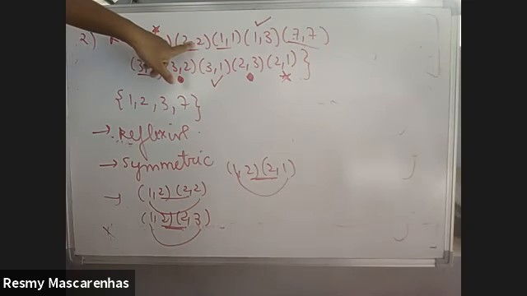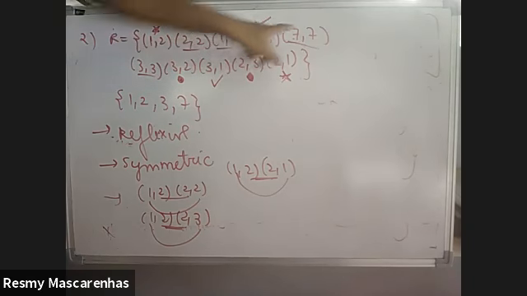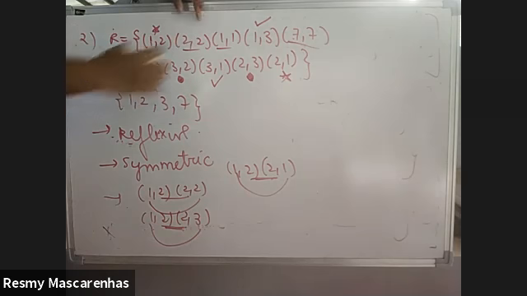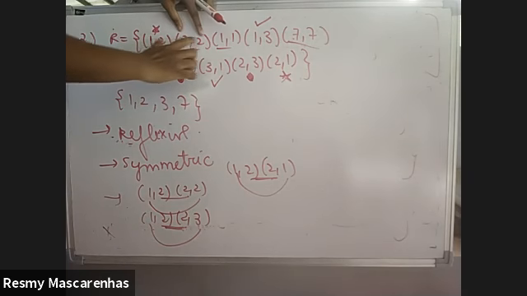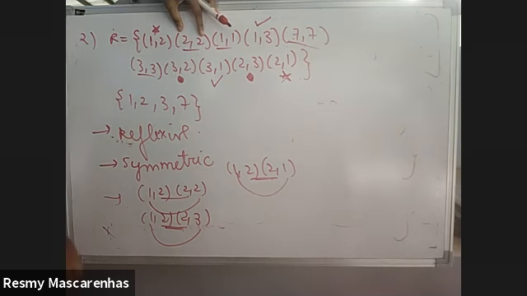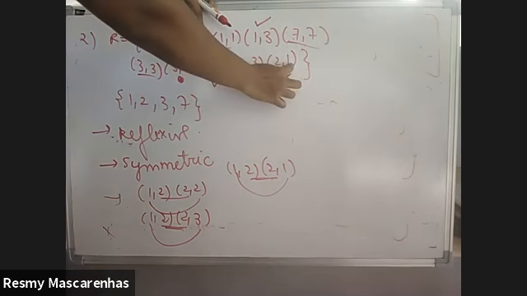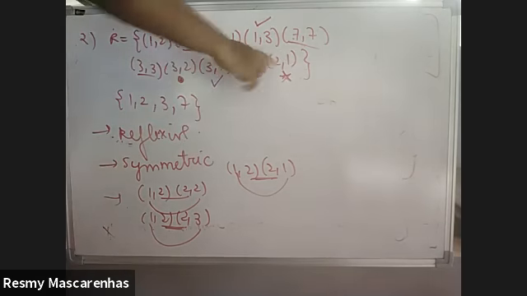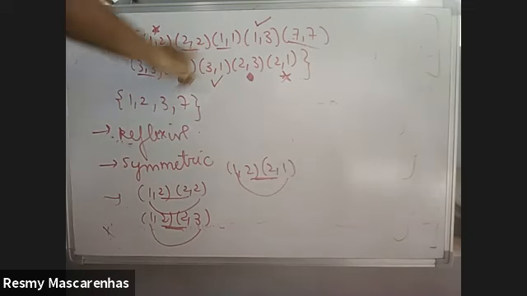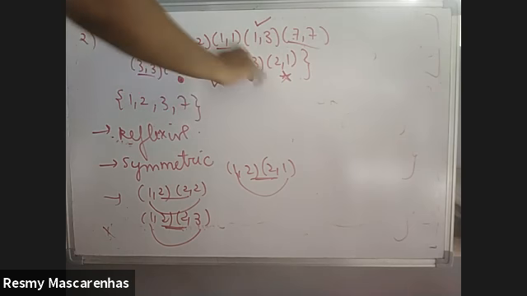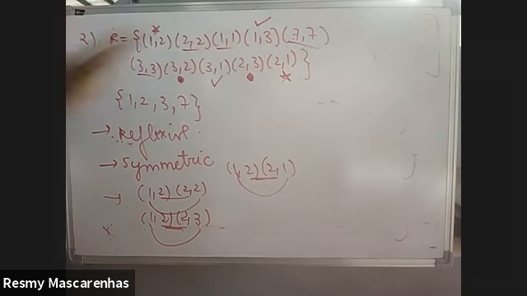Then take 2, 2 and try it with all others. Instead of writing like this and wasting time, you have to do it mentally. So try with whichever starts with 2. 2, 1 will give you 2, 1 only, which is here already. Then 2, 3 will give you 2, 3. It's there.